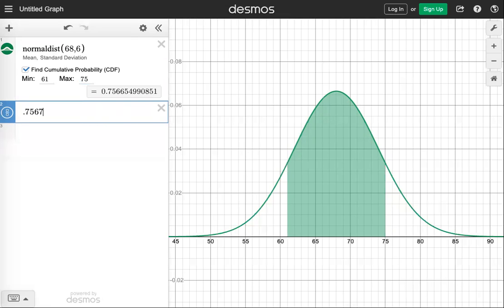Since we want to write our answer as a percentage, we're going to move the decimal point to the right twice. So I get 75.67% of all the area under the curve. So that's how this is done. You're always going to have a minimum and you're always going to have a maximum.